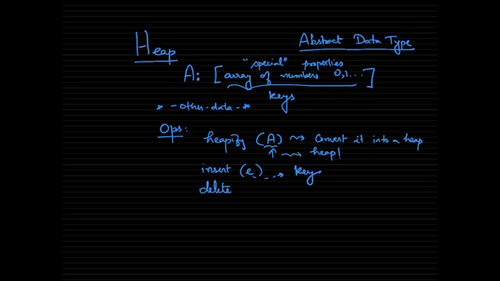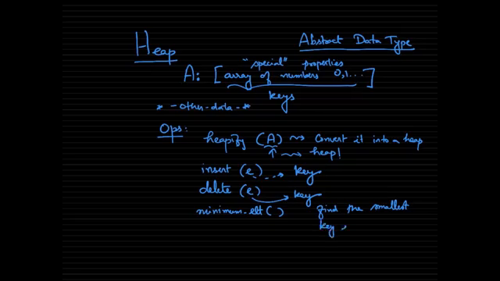Likewise, delete a key, or typically you can have delete a key or delete an index. We'll talk about that later. And then the minimum element, which is to find the smallest key in the heap.